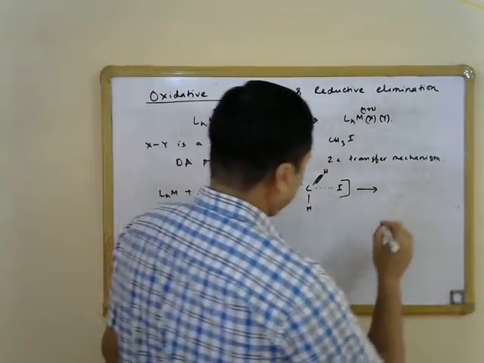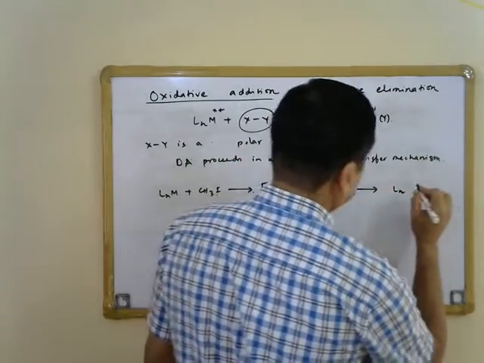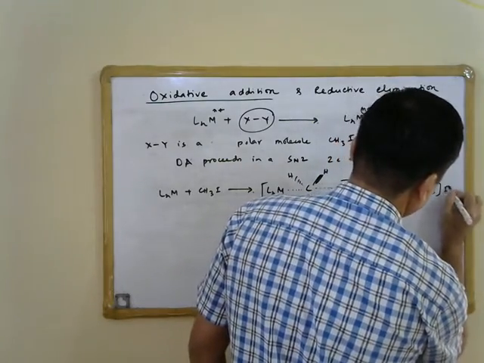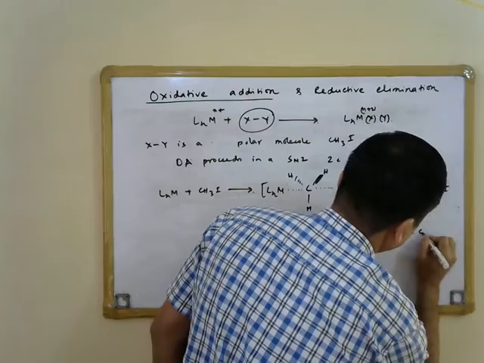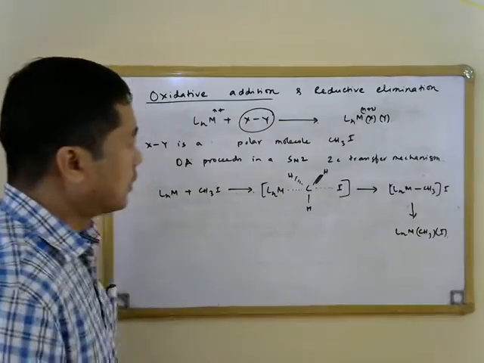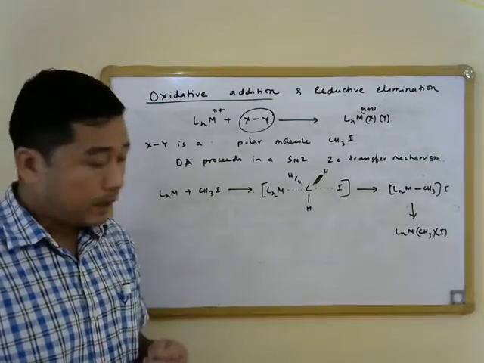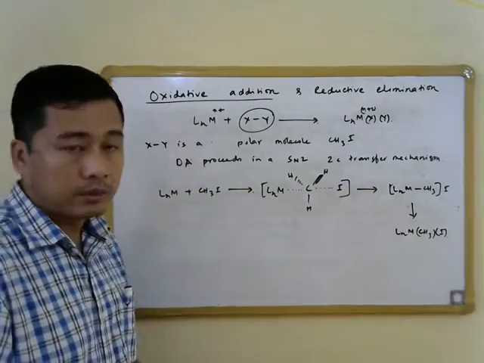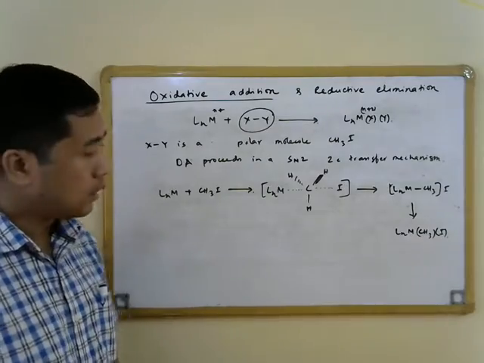And then this will eventually lead to the formation of the product in this way. So what we have seen is that the reaction proceeds now by using an SN2 mechanism and a two electron transfer process. That is the case when we use polar molecules like methyl iodide during the oxidative addition reaction.